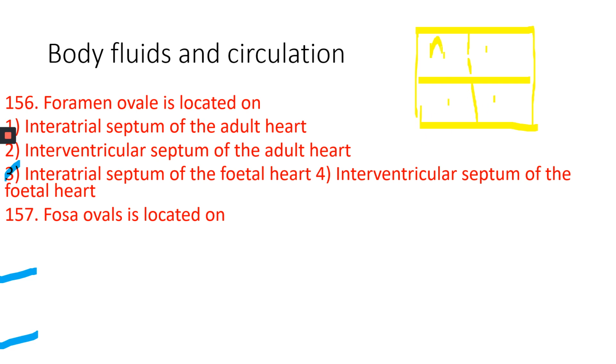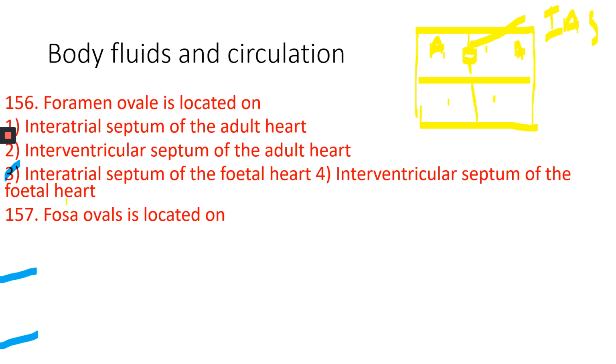In between this atrium and this atrium, there is a wall. This is called IAS, interatrial septum. During the fetal stage, there is an opening here. This is called foramen ovale, which is present in the interatrial septum.